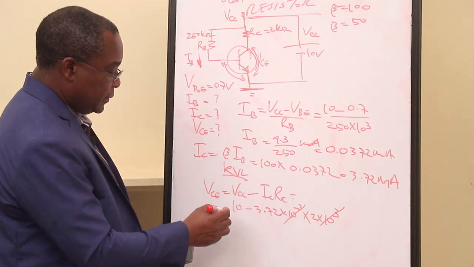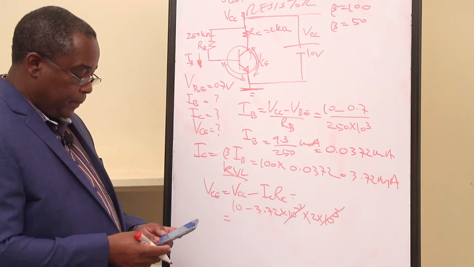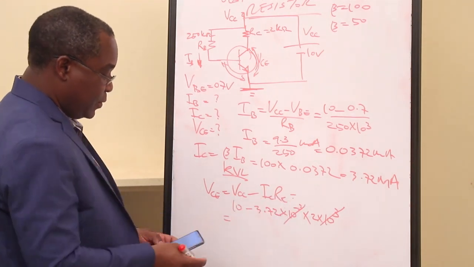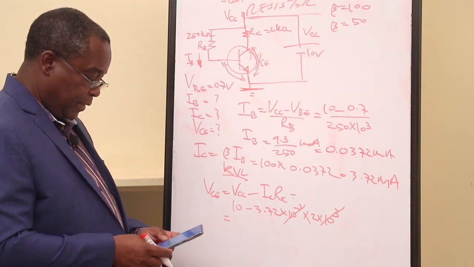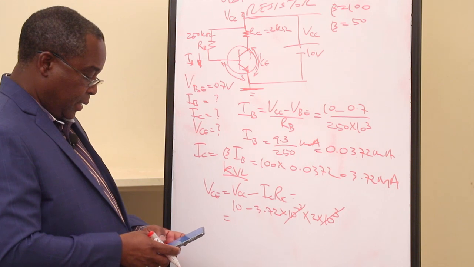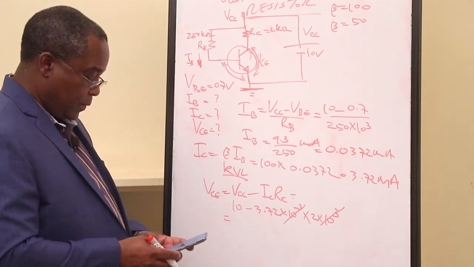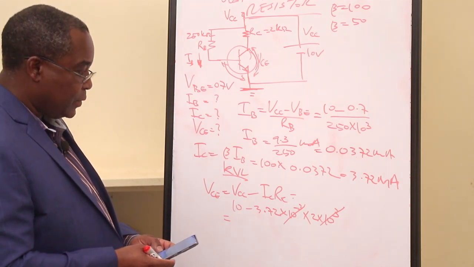Again, with a normal calculator, we take 3.72 times 2.